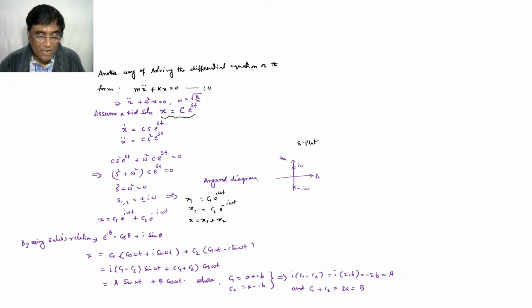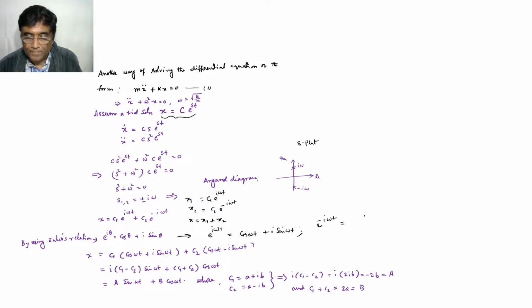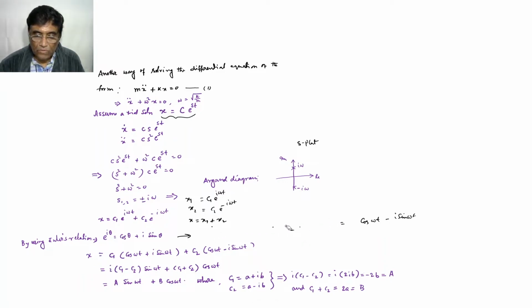So x equals c1 e to the power i omega t, which equals cosine omega t plus i sine omega t, and then e to the power minus i omega t equals cosine omega t minus i sine omega t, since cos of minus theta equals cos theta. Then after simplification you will get what we have written here.